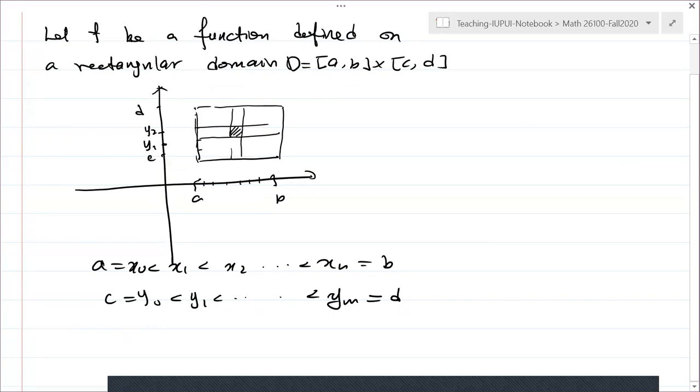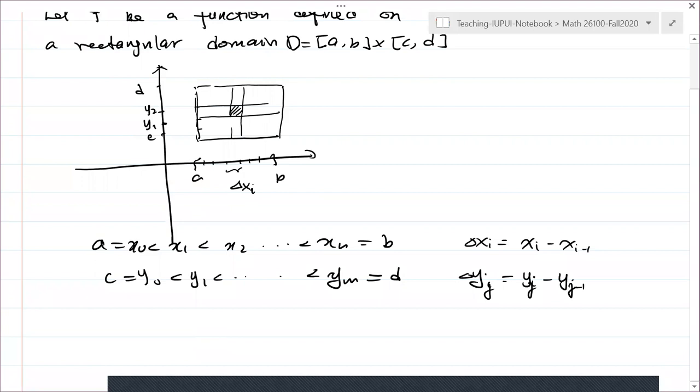So you divide a large rectangle into many small rectangles. The width of this is going to be delta xi, so delta xi would be xi minus x(i-1), the difference of these. And delta yj is going to be yj minus y(j-1).